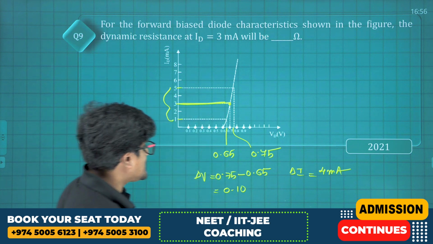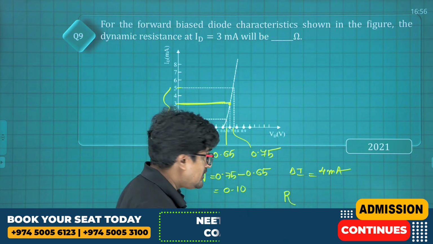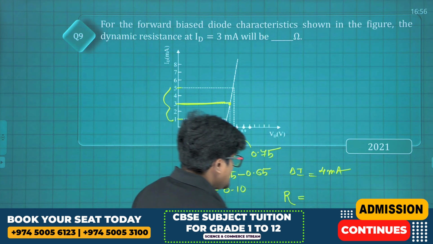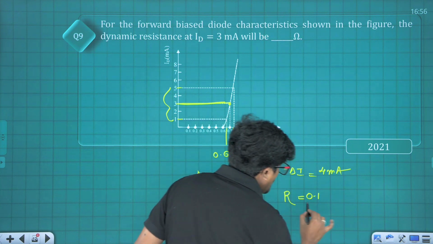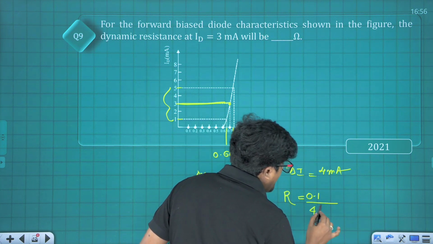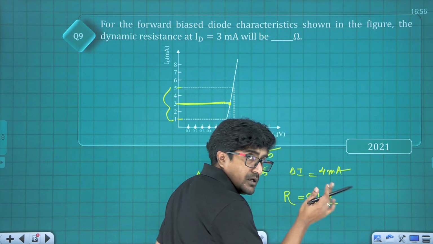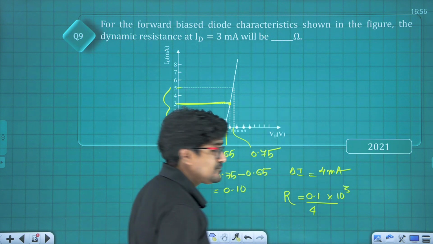We need the dynamic resistance. So the dynamic resistance R is supposed to be delta V upon delta I. Delta V is 0.1 upon 4 milliampere. So the 10 to the power minus 3 will go to the top, and it is 10 to the power 3 here.